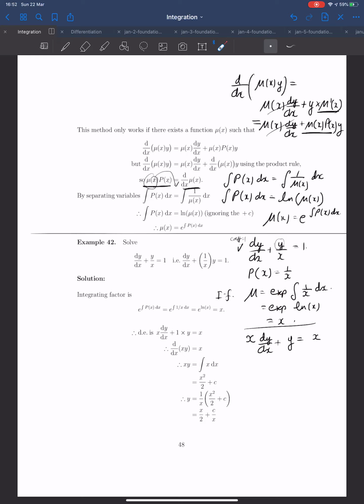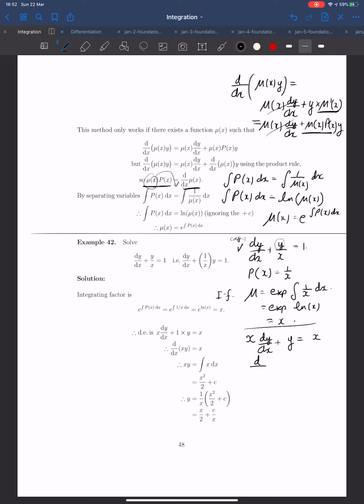Step 2, the integrating factor mu is the exponential of the integral of the function of x that's multiplying y. So it's x there. The next step is to multiply through the original equation by x. So it's x dy by dx plus y equals x.